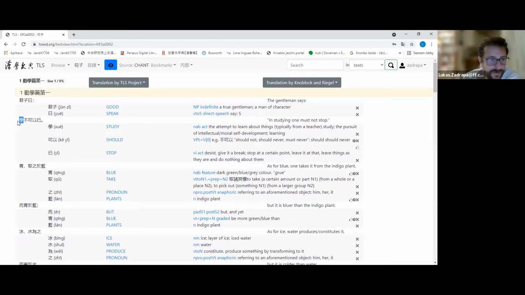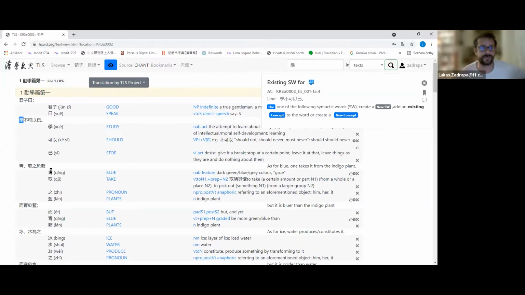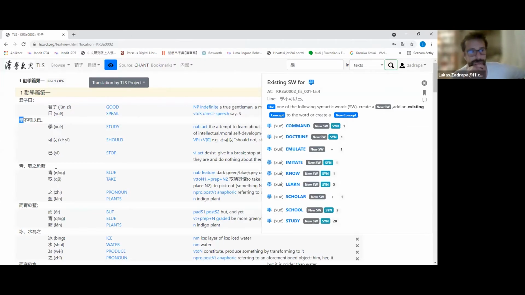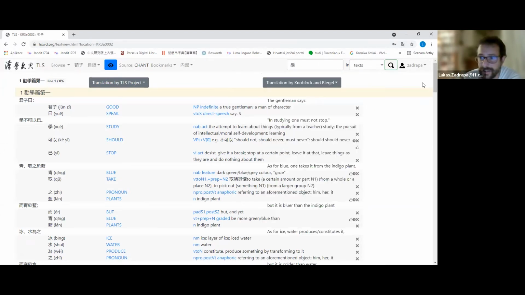Already this first word in the sentence which the gentleman says, or a gentleman said, is study.